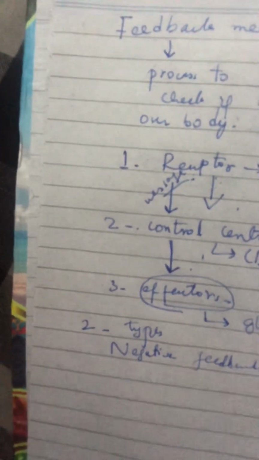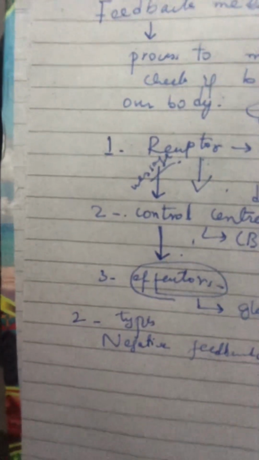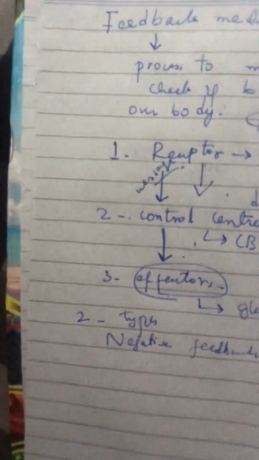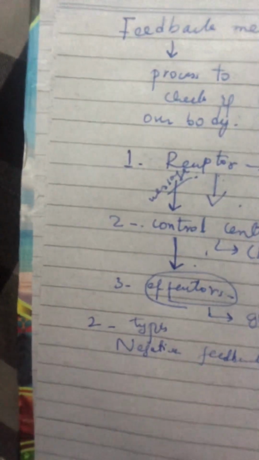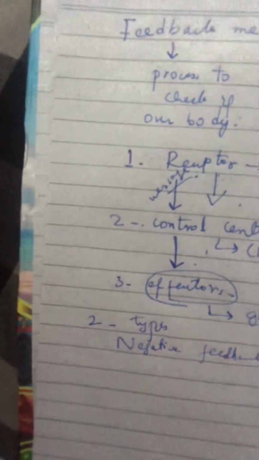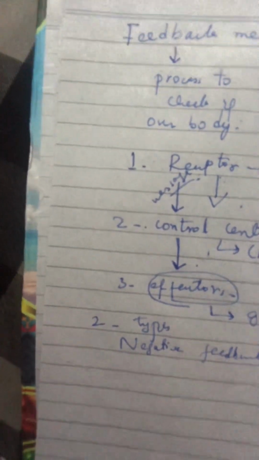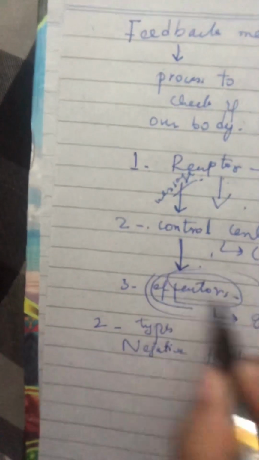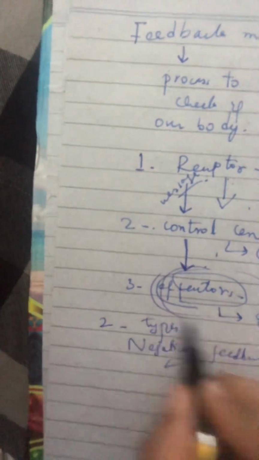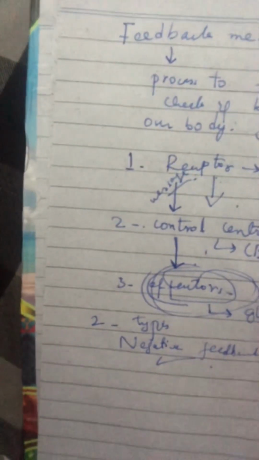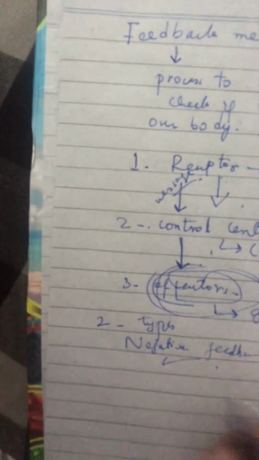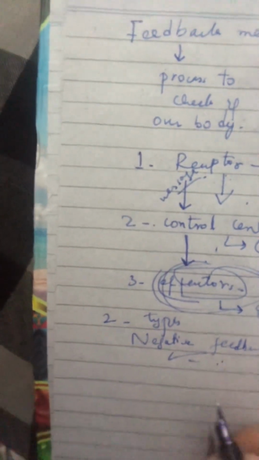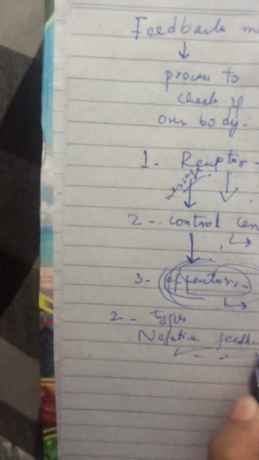For example, if we take the example of insulin, if insulin is decreasing in our body, then in negative feedback it will increase. The effectors will not bring it to the normal condition, the effector will change its condition. If the insulin is decreasing, they will increase it.